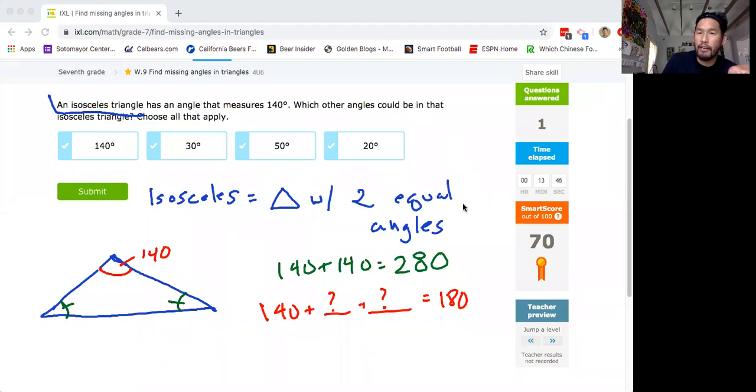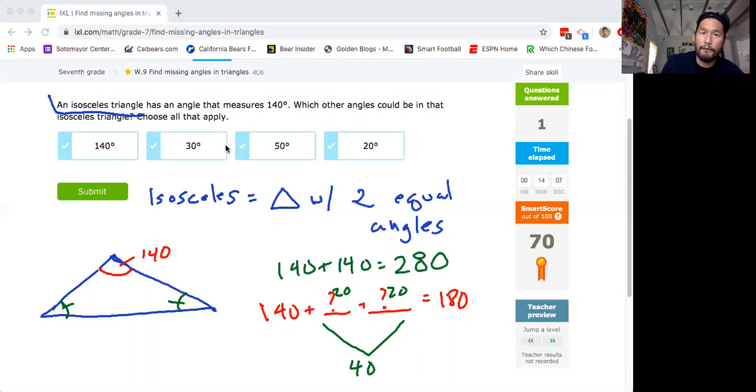I'll switch back to green here. So 40 degrees is split between these two angles here. And if they're the same, I know that one angle has to be 20, the other has to be 20. So 40 plus 20 is 160, plus another 20 is 180. And there you have two angles that are the same, 20 and 20, plus 140.